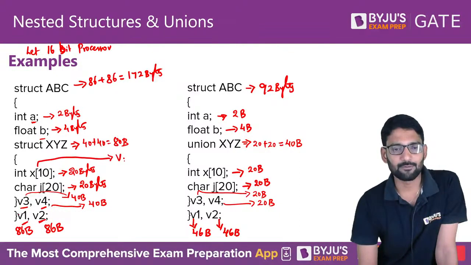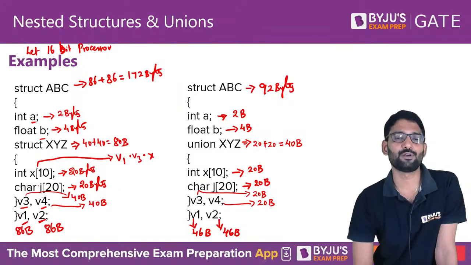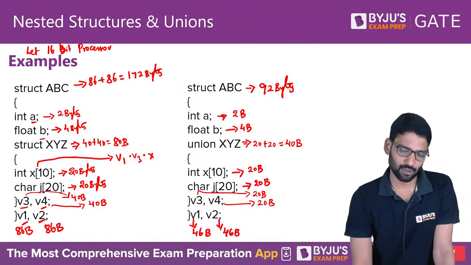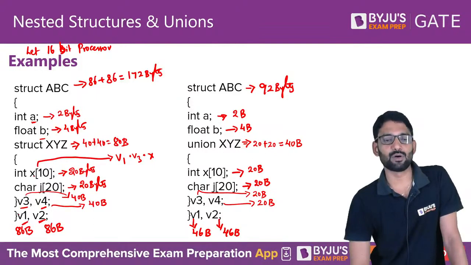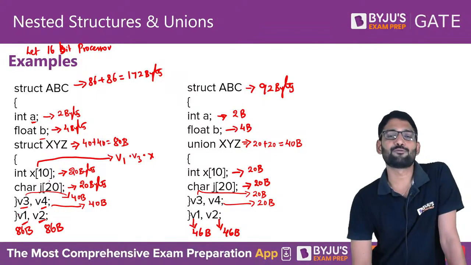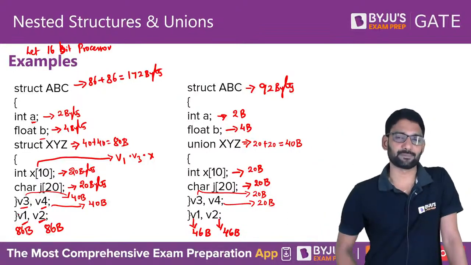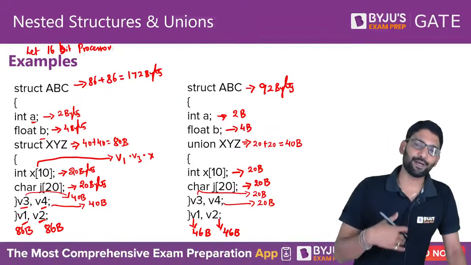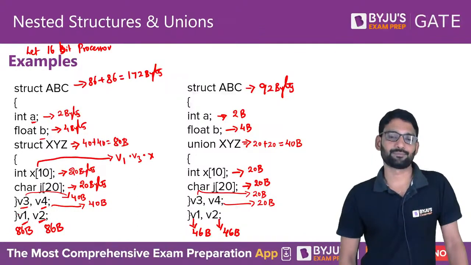I can say v1.v3.x, or v1.v2.v4.x. Similarly, v2.v3.x or v2.v4.x, like that. Outer variable, inner variable, then member. If it is a pointer variable, we take the arrow operator. Simple.